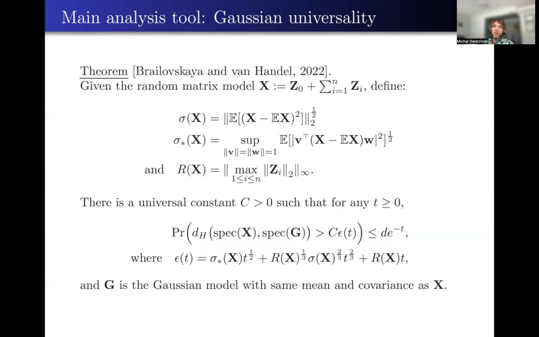This is an example here from Brailovskaya and Van Handel, which goes substantially beyond what has been used classically, such as the standard matrix concentration results like matrix Bernstein or matrix Chernoff. These approaches directly compare the spectrum of a random matrix model to the spectrum of the analogous Gaussian matrix with the same covariance structure, and they allow you to get much sharper guarantees.